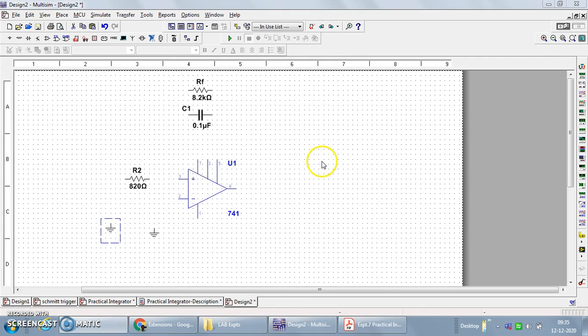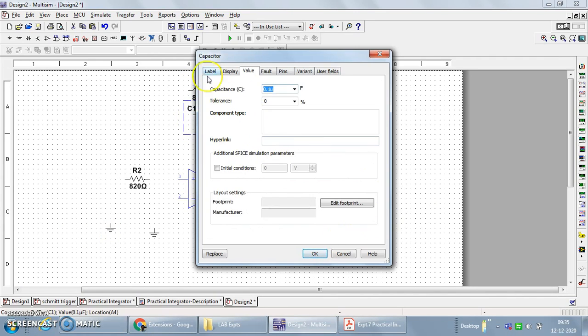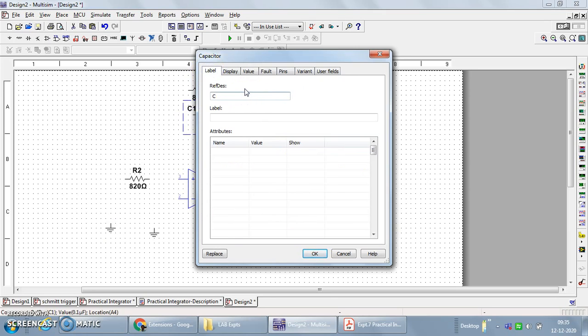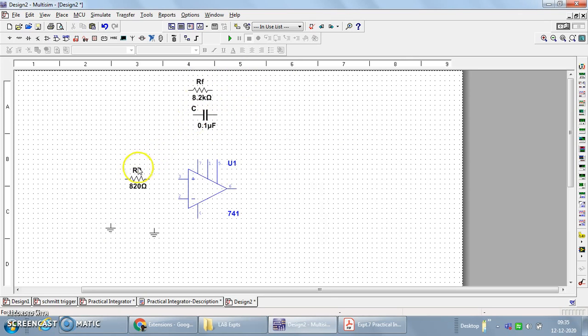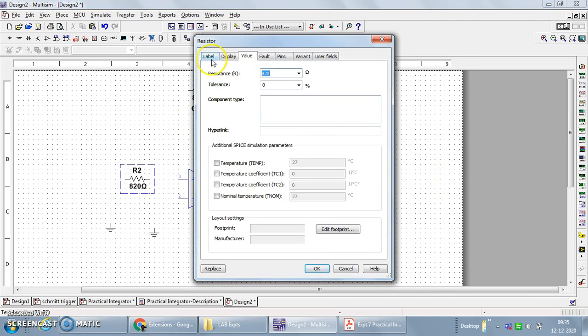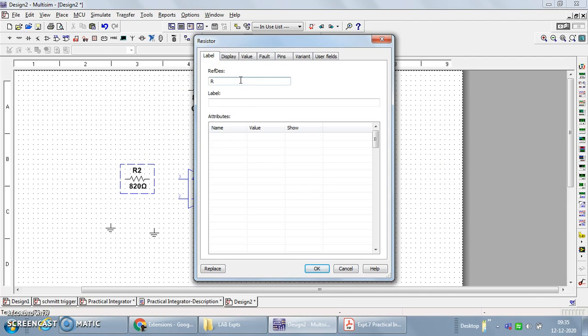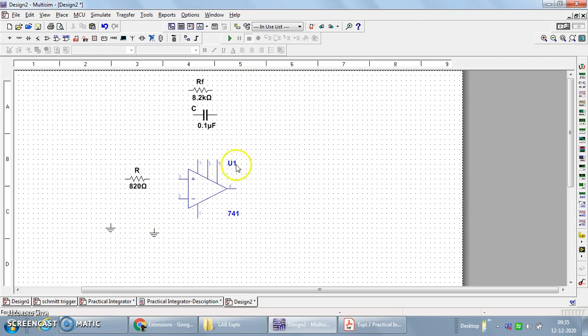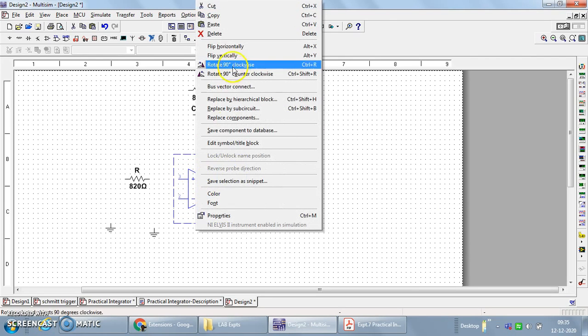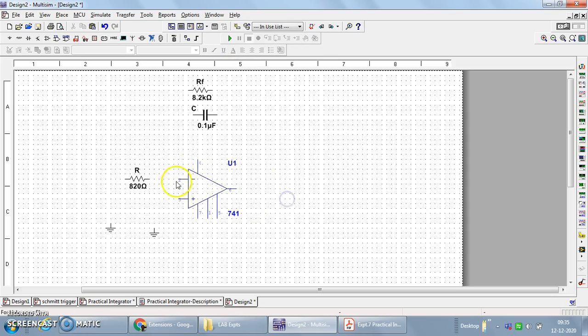Okay, so I have selected the components, RF of 8.2K, then capacitor, let us call this capacitor simply C. So RF and C, and this resistor, this is a resistor R. Now in order to do the connections more conveniently, I want the inverting terminal at the upside, so I will just flip vertically. Okay, so now this is the pin number 2 with the inverting input terminal, non-inverting terminal 3 is to be grounded.